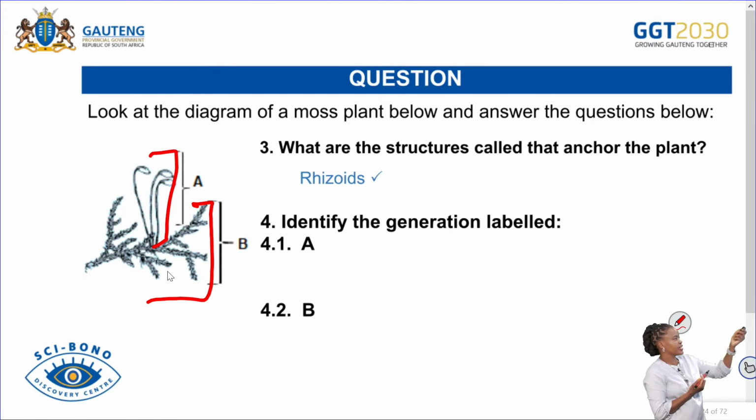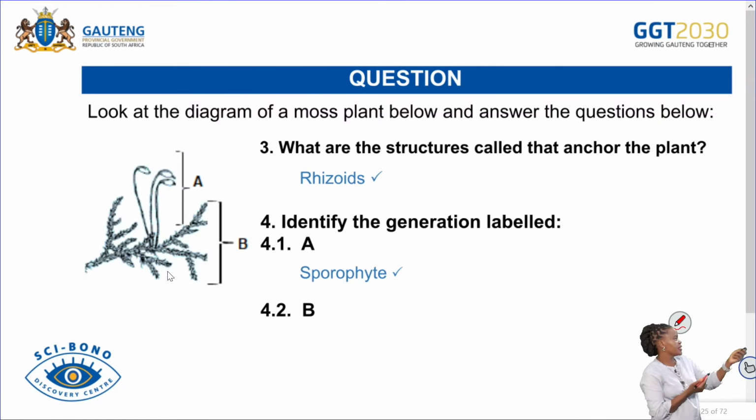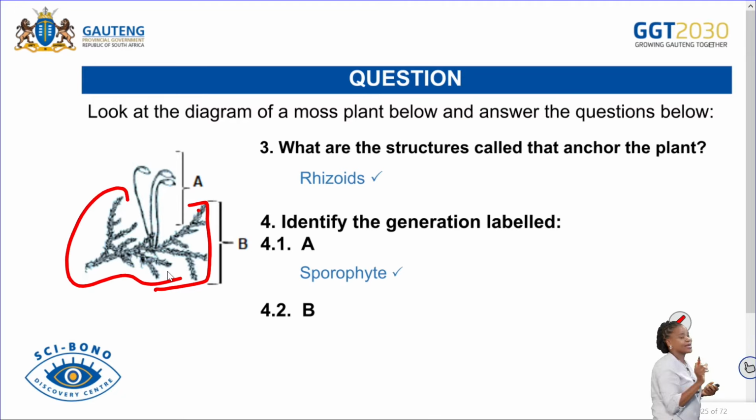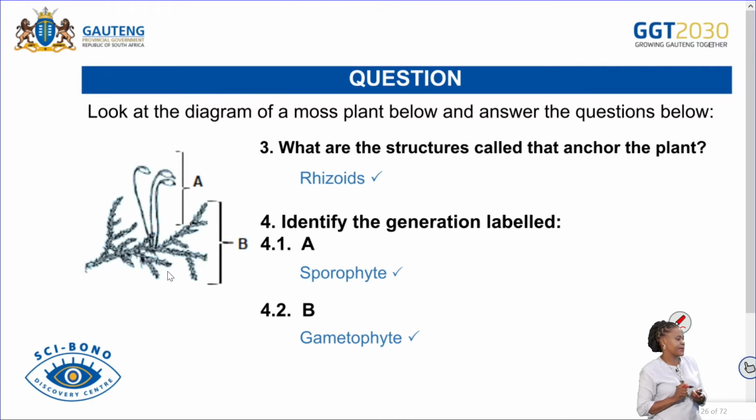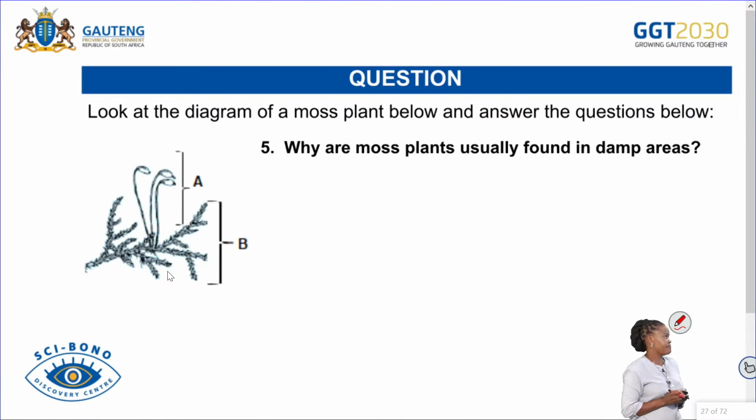So generation labeled A is our sporophyte. And the generation labeled B, the one which has branches of leaves, is called the gametophyte generation.